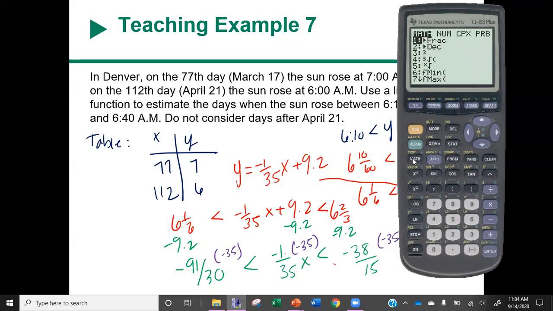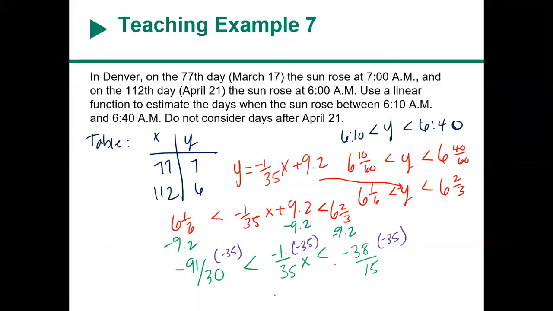And again, I want it in fraction so I can maintain as much. And I get 637 divided by 6. So I have 266 over 3. Flip the sign. And I have 637 over 6.